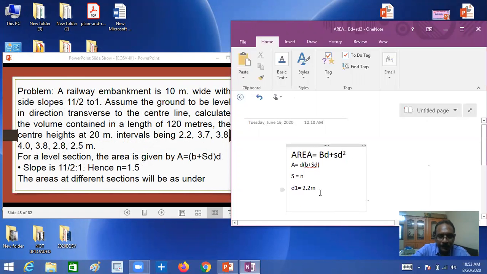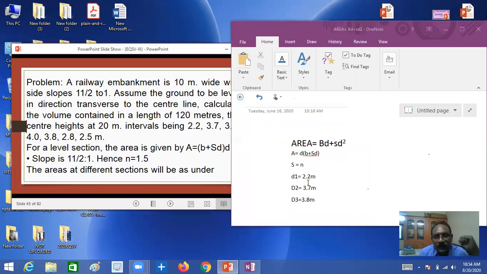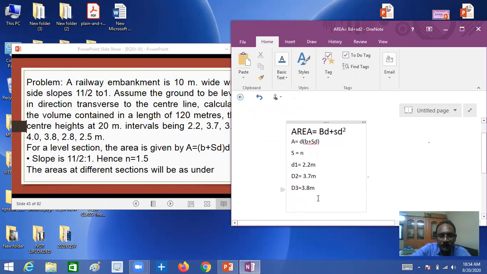Now D2 is 3.7 meters. Similarly, D3 is 3.8 meters. D4 is 4 meters.